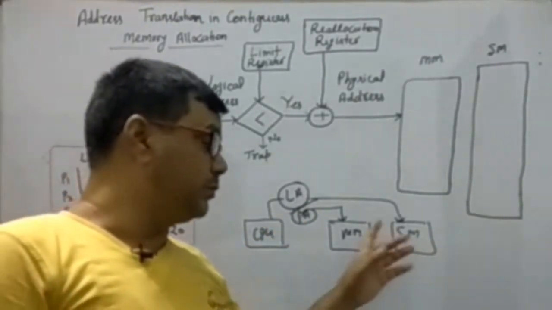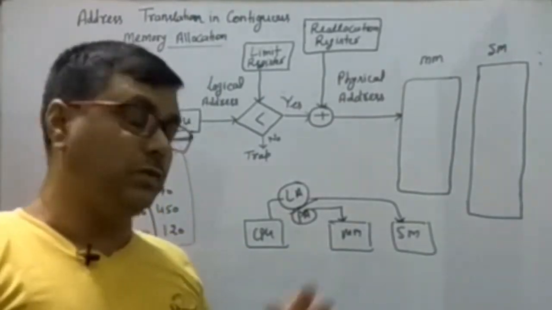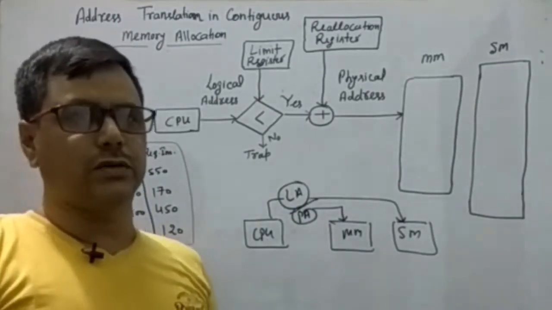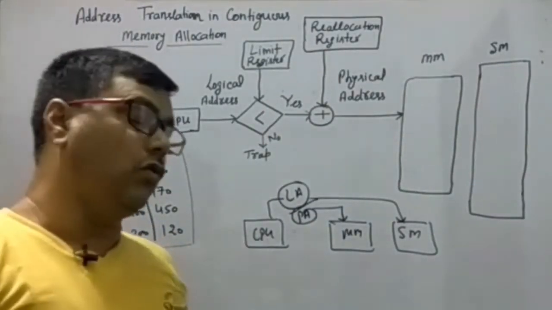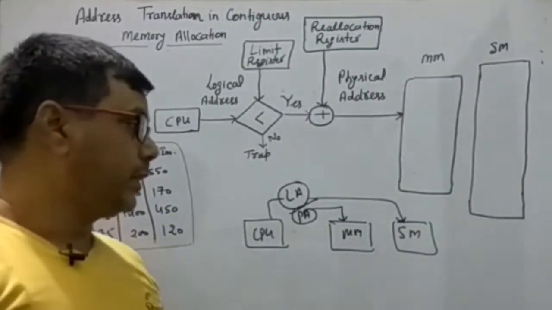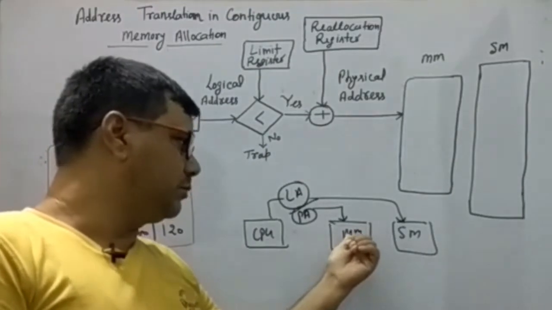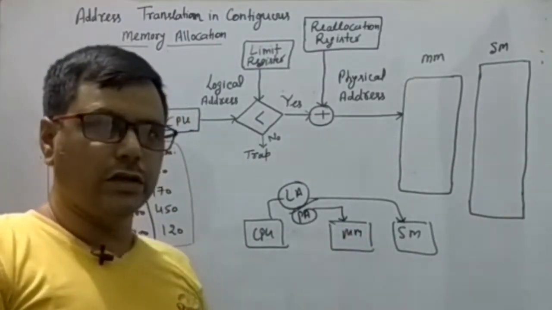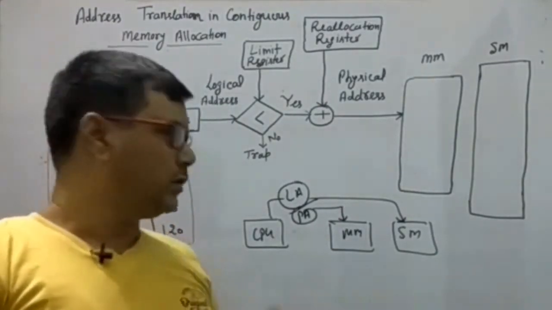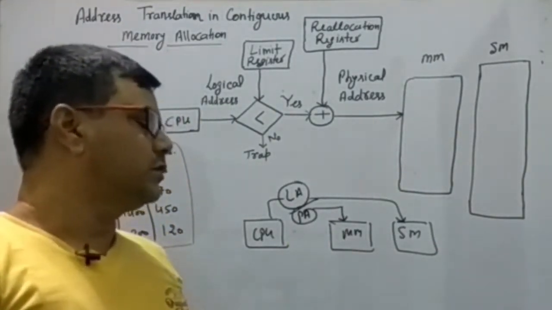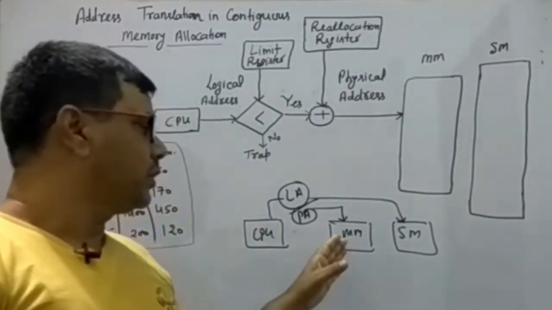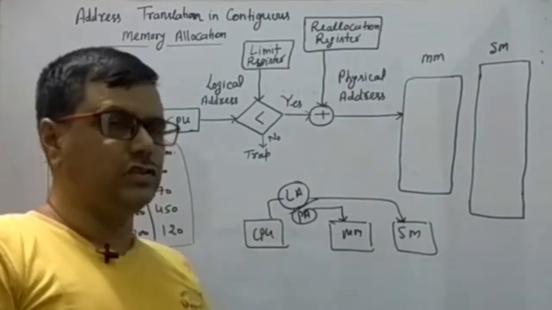The secondary memory plays a very important role here. Its size is much larger, but its access speed is lower, and the CPU always executes instructions from the main memory. The main memory size is smaller than the secondary memory, which means it cannot hold many processes at a time, and it only holds those processes which are currently required by the CPU.